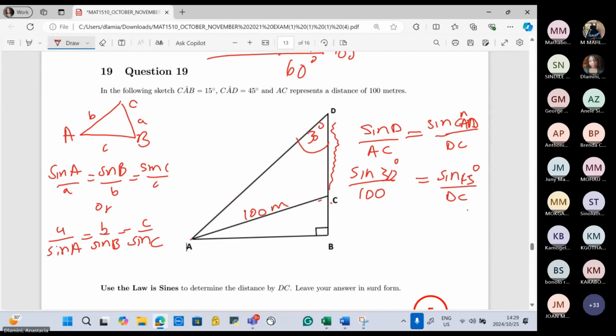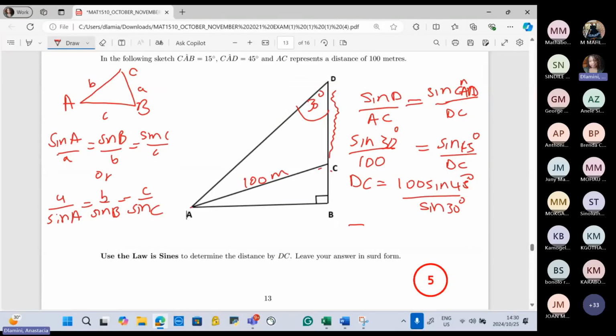Then let's solve. Cross multiply. So DC equals 100 sine 45 degrees over sine of 30 degrees.